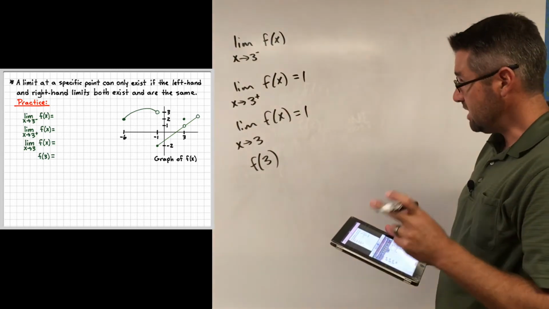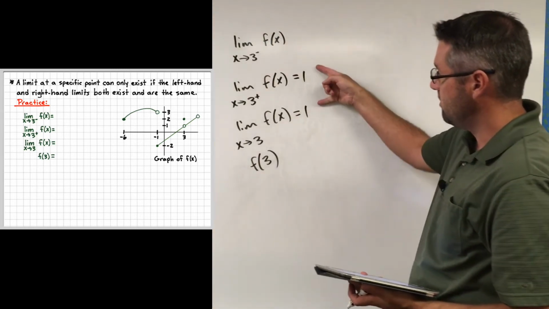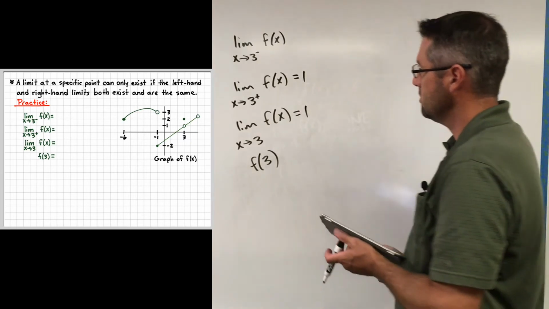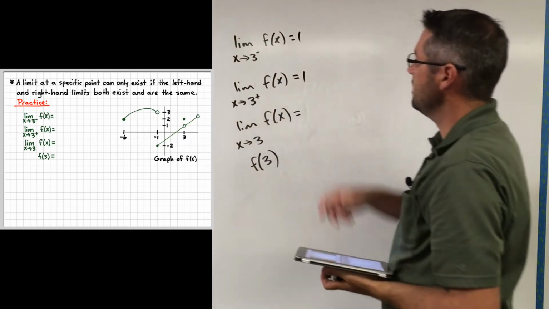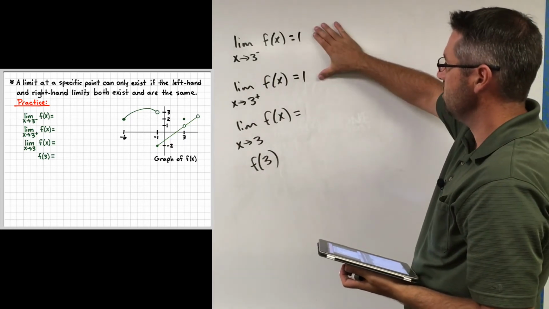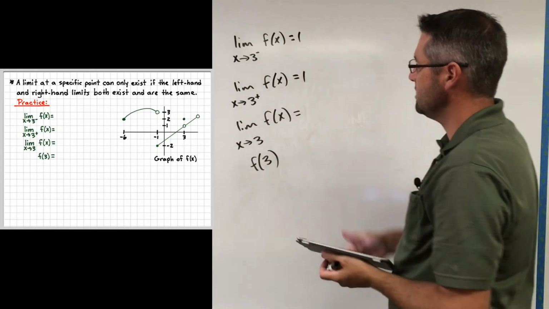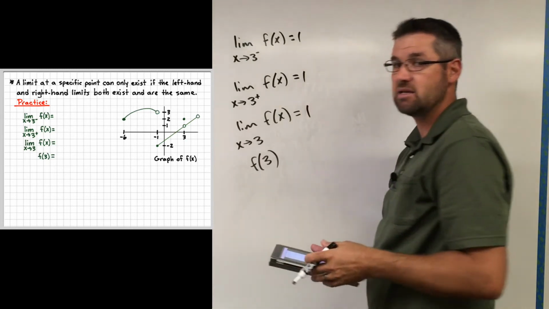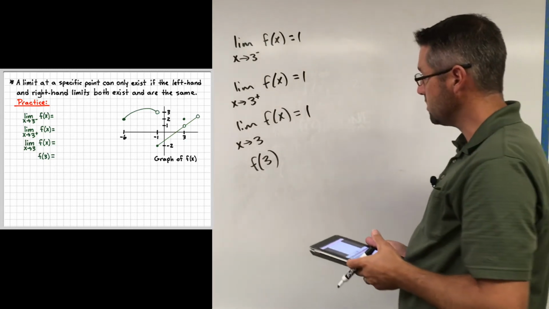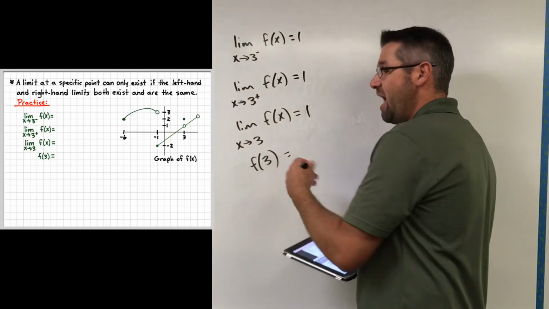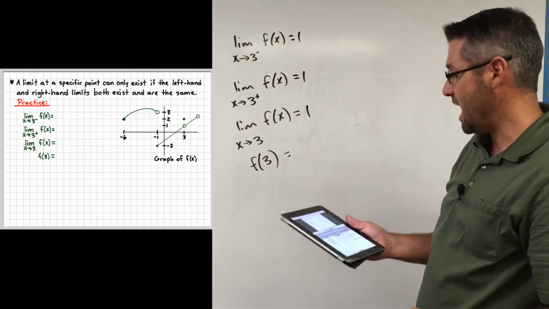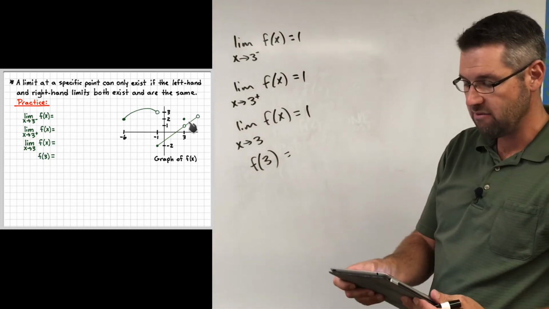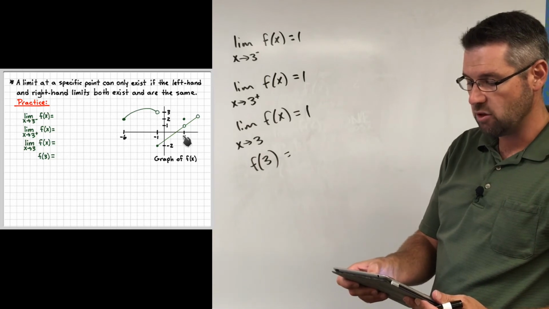Since the two limits, the left and right hand limit, whoops, I got this wrong, sorry. Those are both 1s. Okay? Since the left and right hand limit are the same and they exist, we can say that the limit as x approaches 3 of f of x does equal 1 because they're the same. Now, what's f of 3? F of 3 is the actual y value of the function when x equals 3. And if you look at this graph, if I go over 3, what is the function's value?